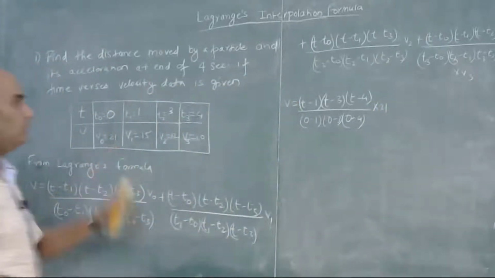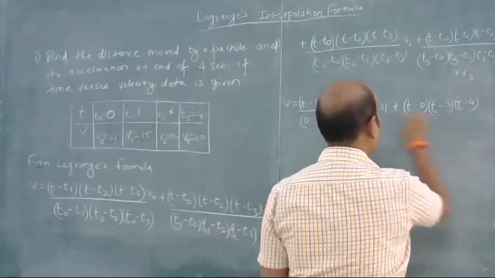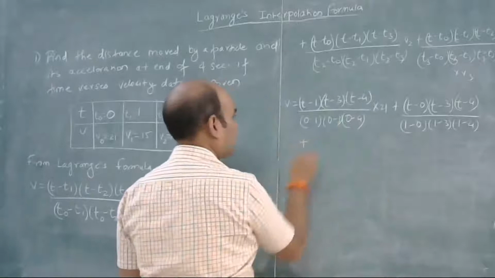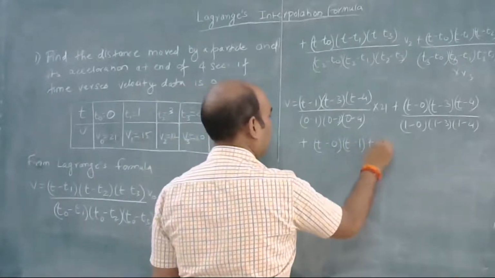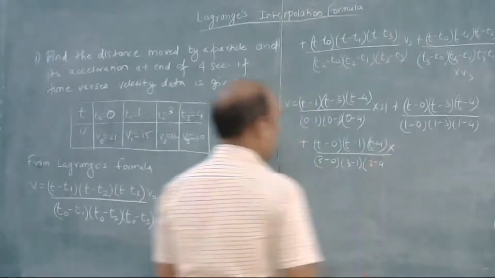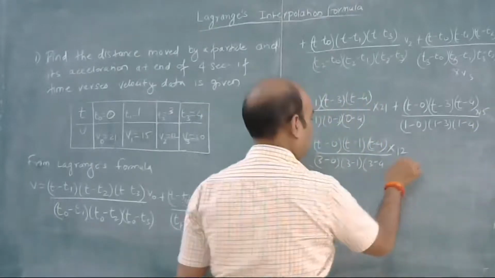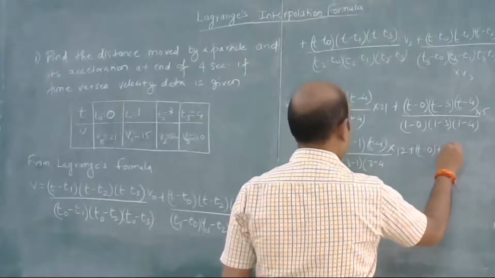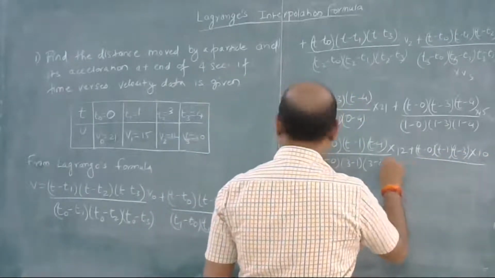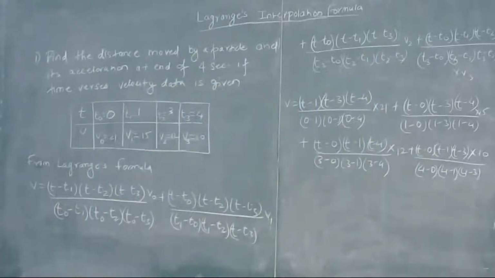So the value of v0 is 21, plus (t minus 0)(t minus 3)(t minus 4), divided by (1 minus 0)(1 minus 3)(1 minus 4), plus (t minus 0)(t minus 1)(t minus 4) divided by (3 minus 0)(3 minus 1)(3 minus 4), into 12, plus (t minus 0)(t minus 1)(t minus 3) into 10, whole divided by (4 minus 0)(4 minus 1)(4 minus 3). Okay, so you will get this.